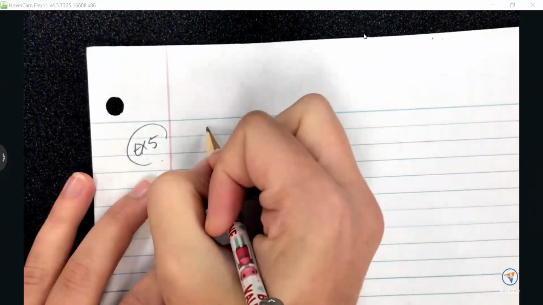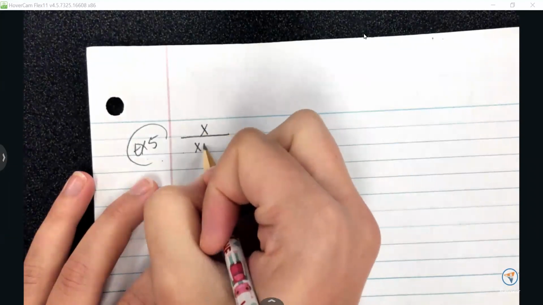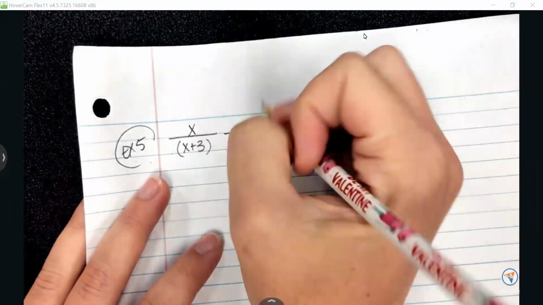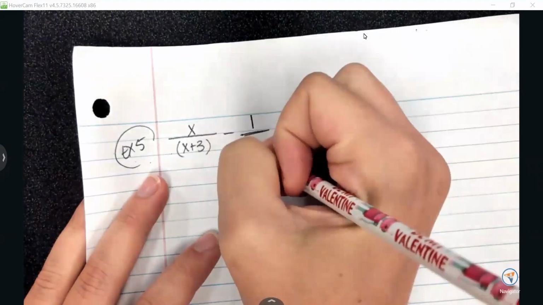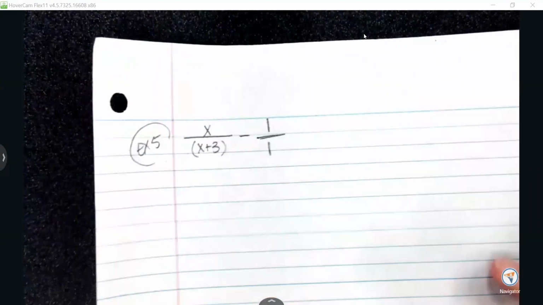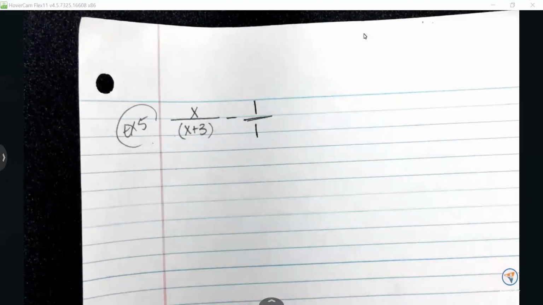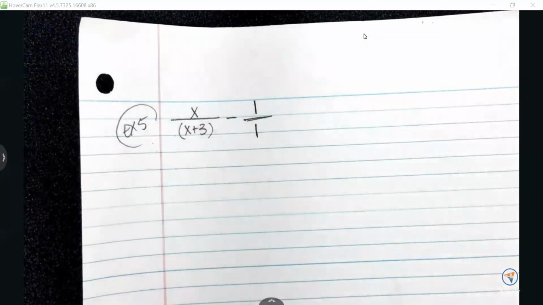Example number 5 says x over x plus 3 minus a big 1. How can I write a big 1 as a fraction? 1 over 1. Okay. So I have a denominator of x plus 3, and I have a denominator of 1. Does a denominator of 1 change anything?